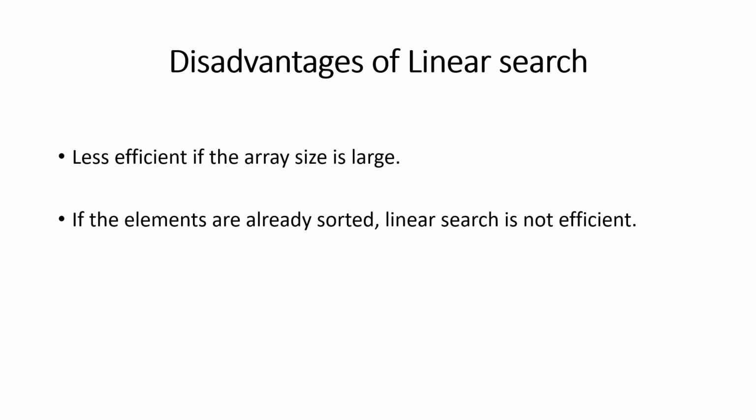It is very inefficient if the array size is large, because you have to search one after another. So if the array length is very large, it is less efficient. The next disadvantage is that if the elements are already sorted, linear search is not efficient.